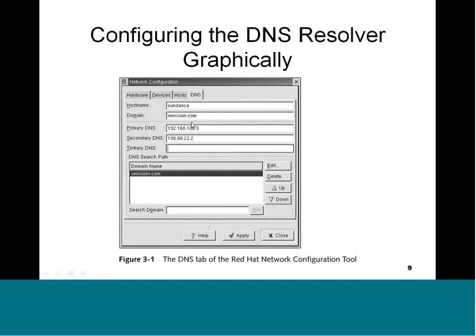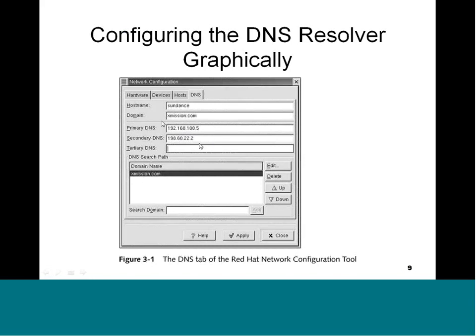Again, you can see that the .com is the top level domain name, followed by the subdomain xmission, and then you have your host name, and then the primary DNS, the domain name system name, and then there is 192.168.100.5.